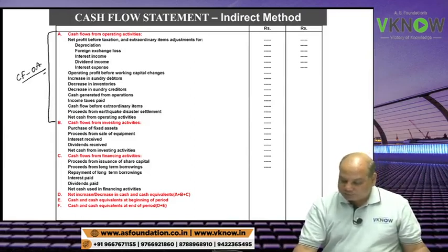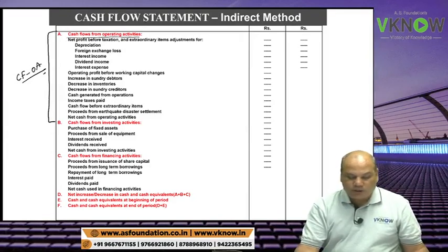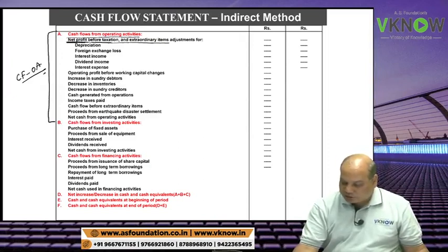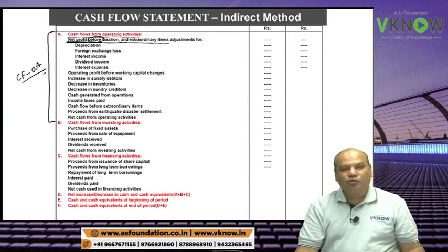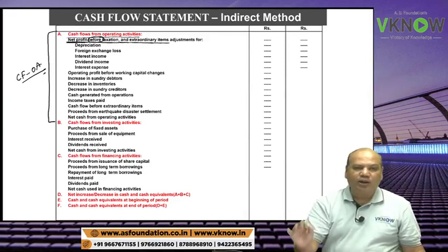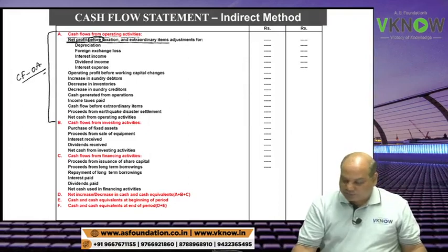So under indirect method, for cash flow from operating activity, you start with net profit before taxation and extraordinary item. Net profit before taxation. If you want to write net profit after taxation, you can write, and then you add back provision for taxation.